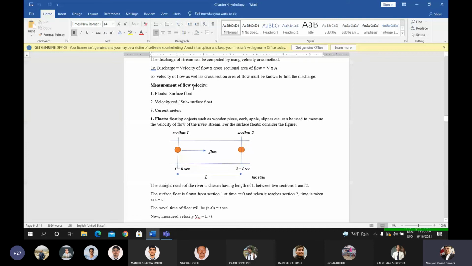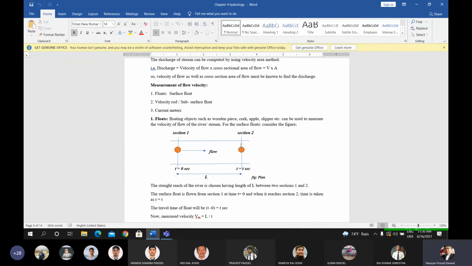Flow velocity can be measured by different techniques. Other techniques can also be used to measure the velocity, such as the dilution technique. Similarly, if you want to measure the discharge of the flow, you can use hydraulic structures, by constructing rectangular weirs or notches, or triangular weirs or notches.